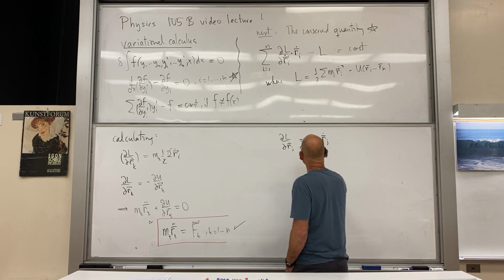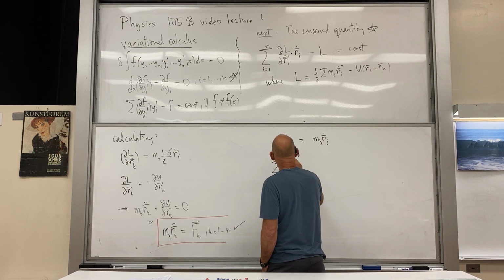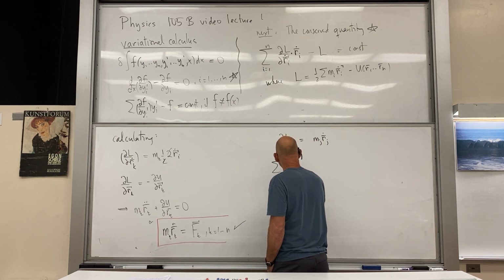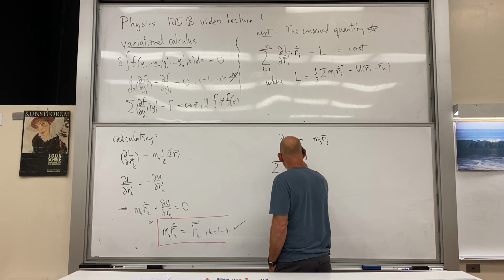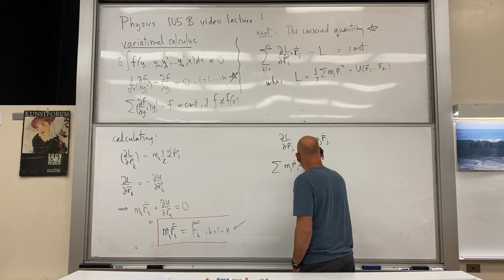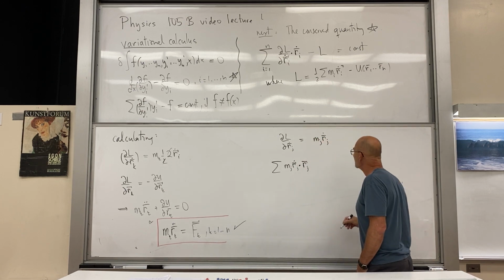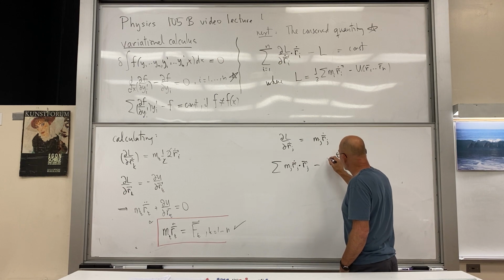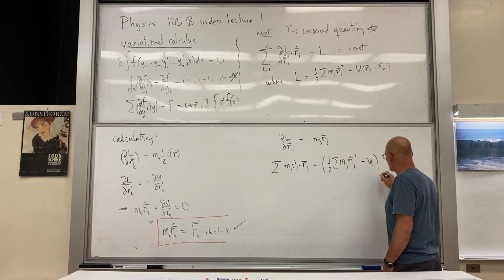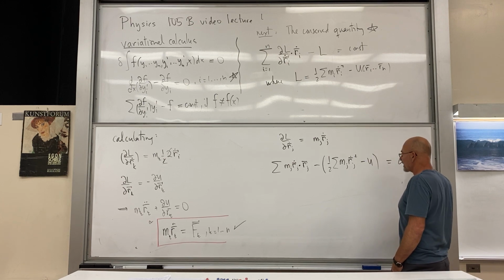Then that sum, the sum of dL/d(r_j dot) times r_j dot, is going to be m_j r_j dot dotted into r_j dot, minus L, which is minus 1/2 sum over m_j r_j dot squared minus u, equals a constant.